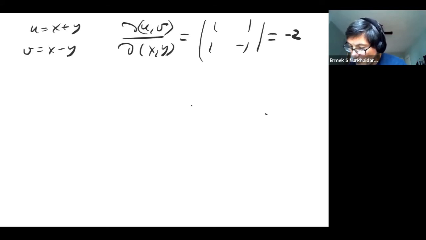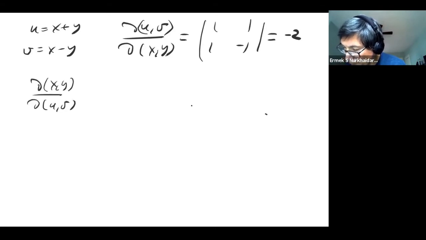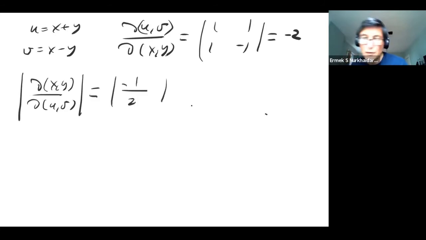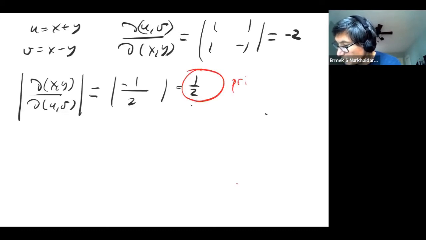Then the Jacobian from x, y to u and v, and actually I'm going to take the absolute value of it. It's going to be the absolute value of, and I have to take the reciprocal of what I just did. But don't forget that's the reciprocal, so it's going to be 1/2. And that's going to be our price. The price to pay to switch from x, y to u and v.